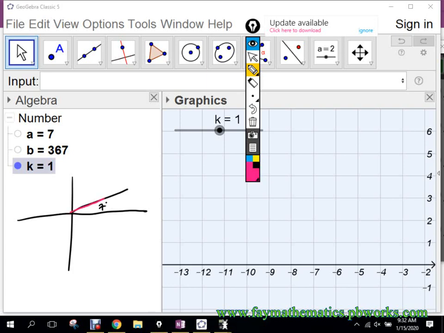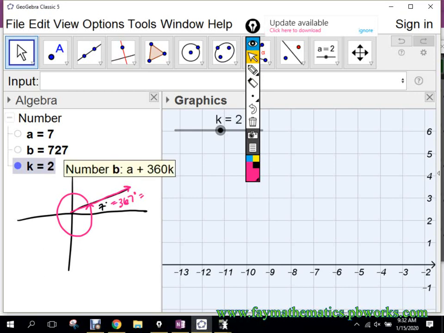Well, if I start with that ray right there, and I rotate it around itself 1 complete time, doesn't it get to 367 degrees? So 7 degrees is the same thing as 367. Well, if I let K go to 2, that is moving twice around. So it gives me 727. Does that make sense, everybody?